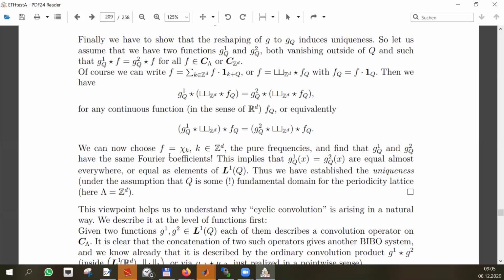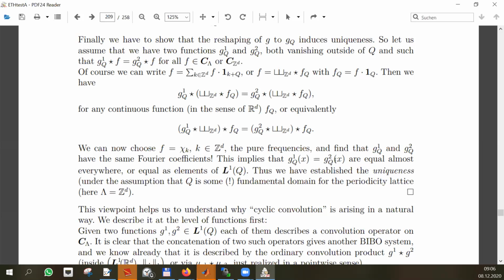And now if we choose f to be the pure frequencies, we find that the Fourier coefficients of G1, which you remember we now take as a function living only on the unit cube, must be the Fourier coefficients of G2_Q. And that means they have to be equal because of the Fourier inversion or the uniqueness theorem.